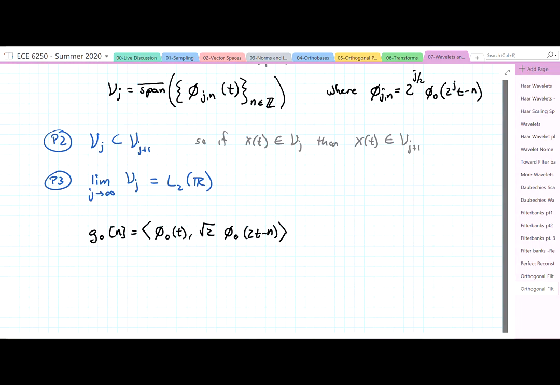Vanishing moments say that any polynomial up to a certain order, when projected onto the wavelet, gives you a result of 0. So if you are compressing anything that has polynomial sections in it, then the wavelet coefficients will all be 0. It's very easy to compress 0. So that's a great idea.